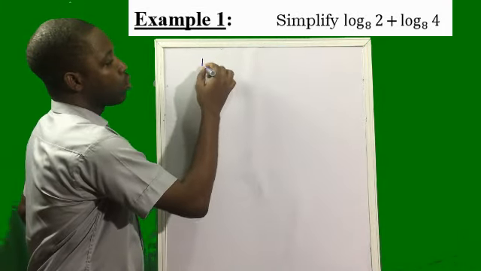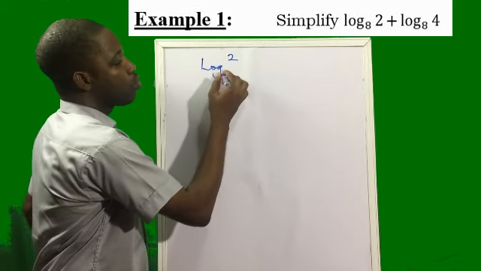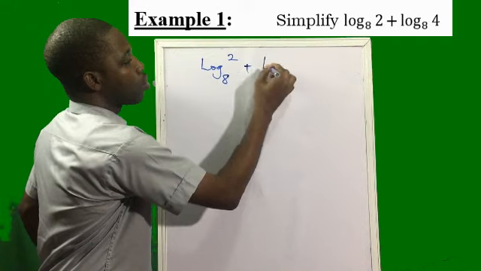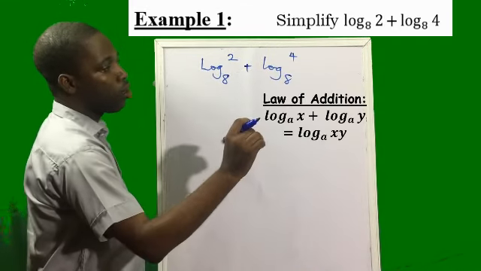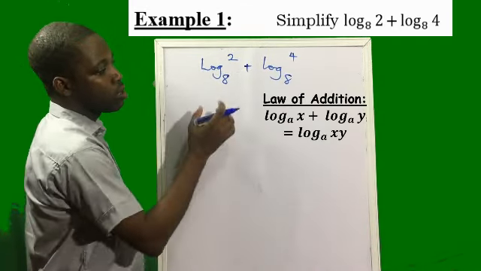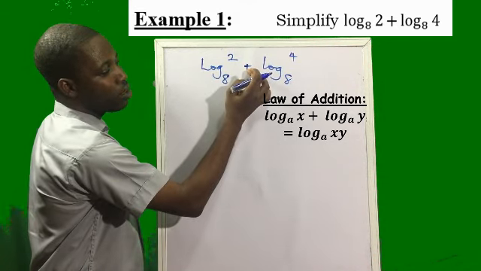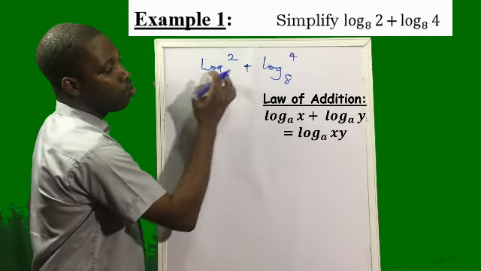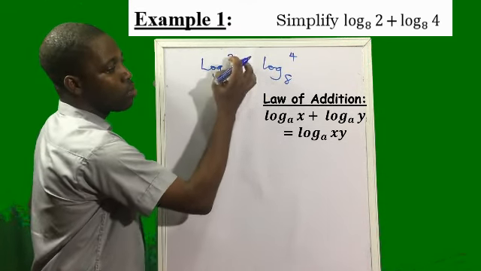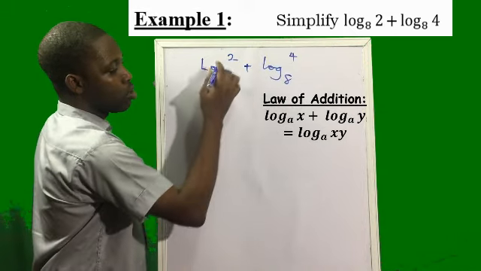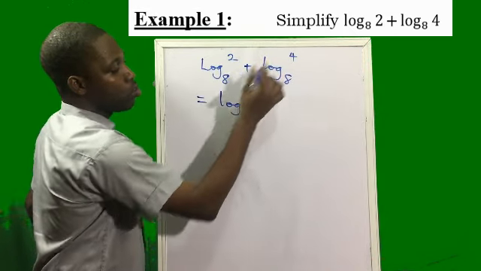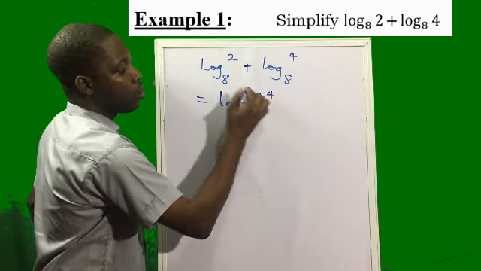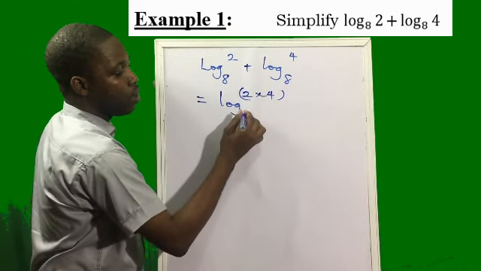In this example of log 2 to base 8 plus log 4 to base 8, our law 3, the law of addition, says that anytime we have an addition sign between two logarithms with the same base, we multiply the two numbers. So this gives us log, multiplying these two numbers, we have 2 times 4, and we keep our common base.